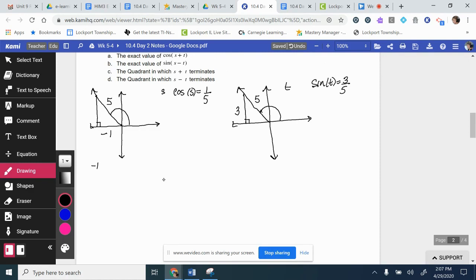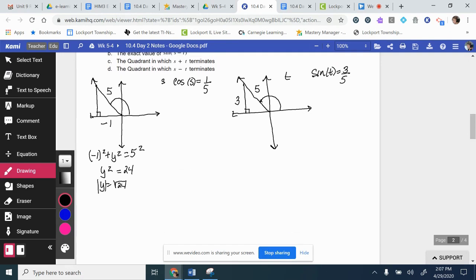So the formula is x squared plus y squared equals r squared. So y squared equals 24. y equals the square root of 24. And this time we're going to be choosing the positive, right?